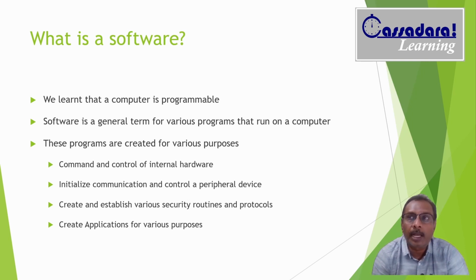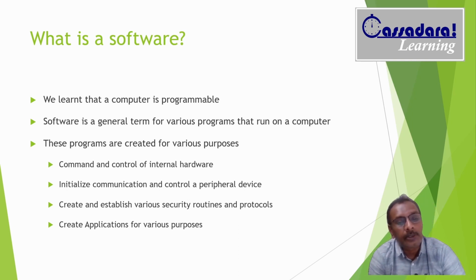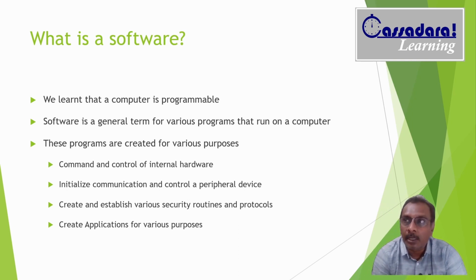So an operating system is also a software, and this is basically for taking the command and control of the internal hardware platform of a computer. So an operating system is one type of software.